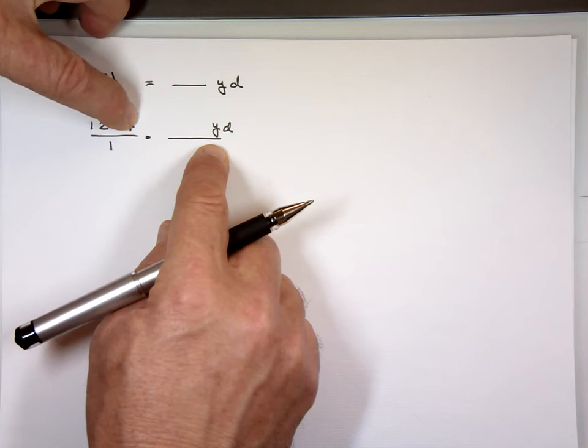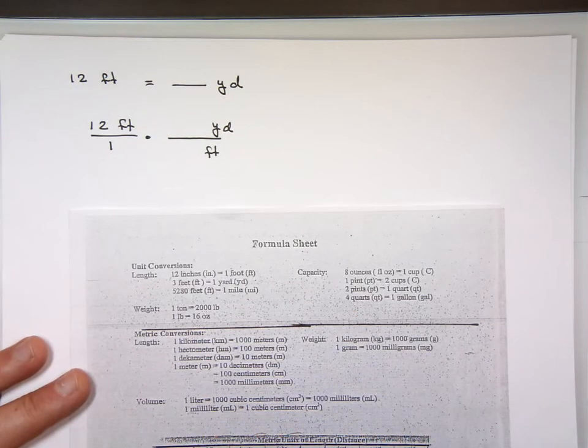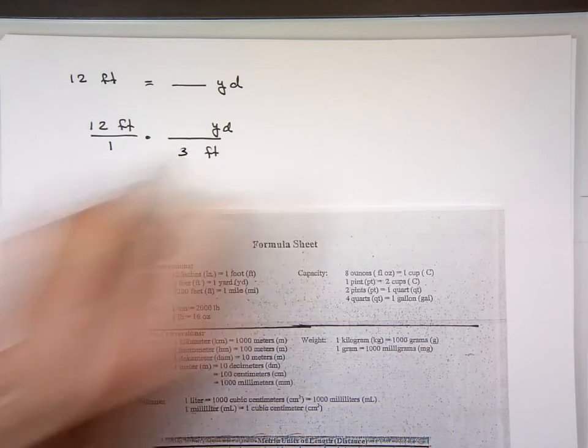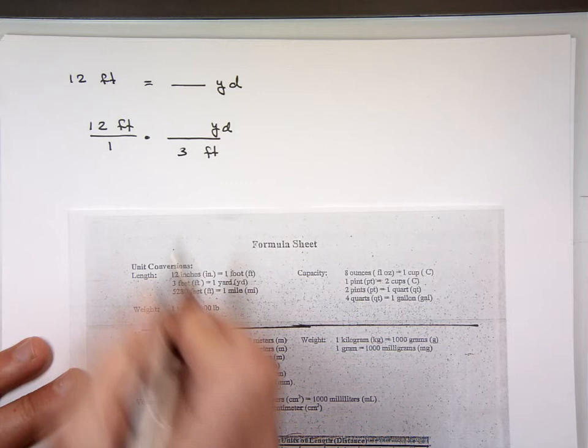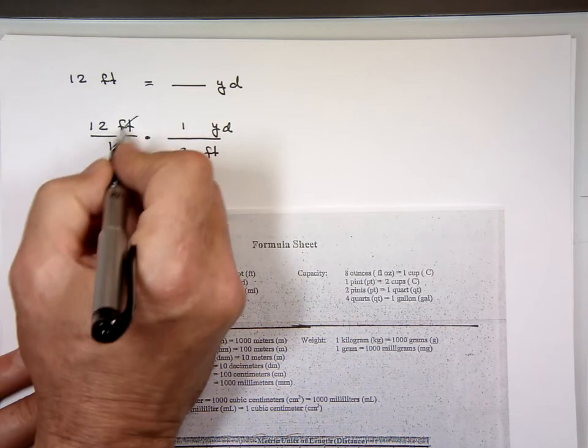Just yards. Now I go to my sheet here, and I look at the relationship between yard and feet, right here, the second one. Can you see it? Now what is the number next to feet? 3. And what's the number next to yard? 1. This cancels that.